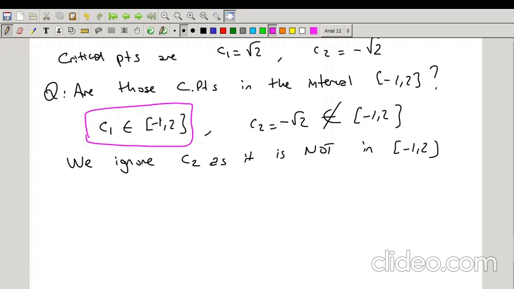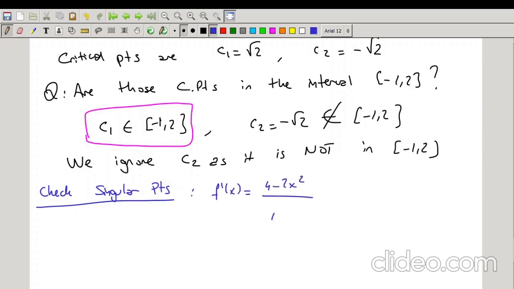So now we have to check singular points. Do we have singular points? For which points or point is f not defined? You have to look at the denominator. Remember, f prime x was equal to 4 minus 2x squared over the square root of 4 minus x squared. So if f prime is not defined, this implies that 4 minus x squared must be equal to 0.